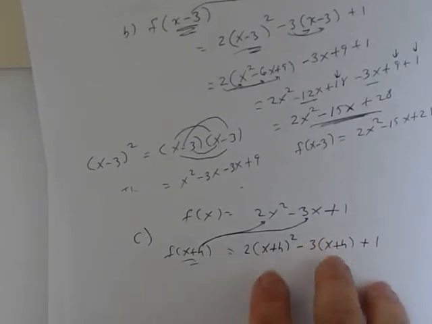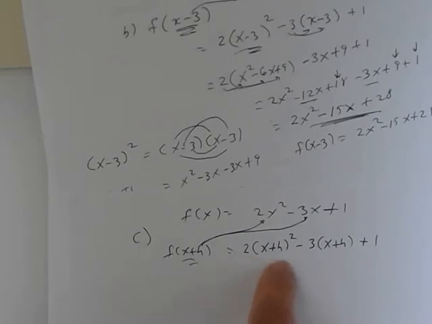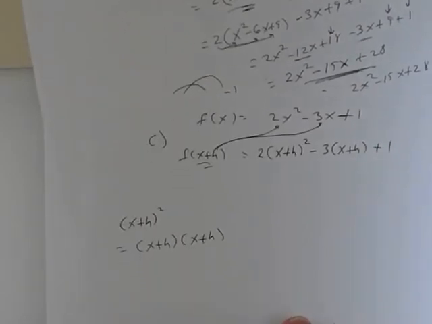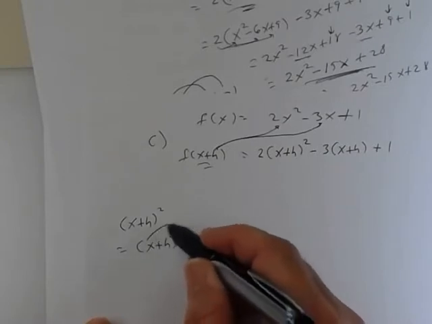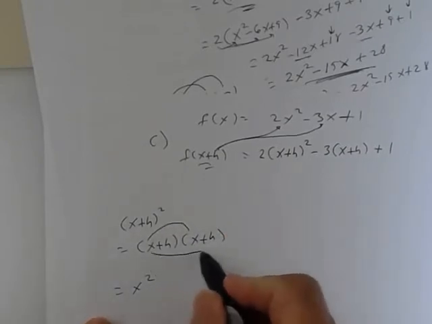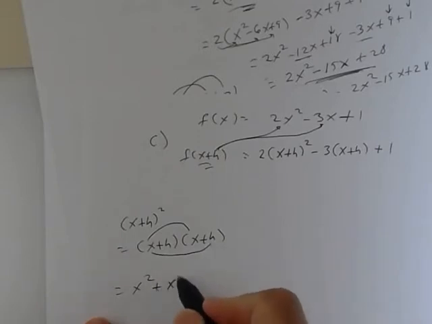Okay, now the rest is just manipulation. So what is it I've got to do next on the side? I've got to figure out what x plus h squared is. So x plus h squared means x plus h times itself, right? Y'all agree? All right, now FOIL. Now listen carefully. x times x. Okay. x, the outer, x times h, xh.